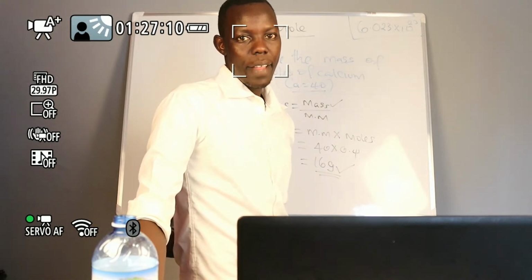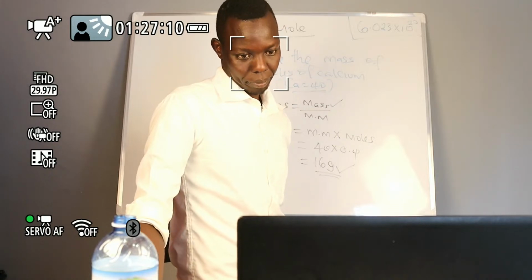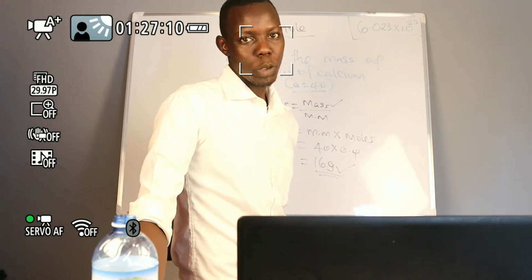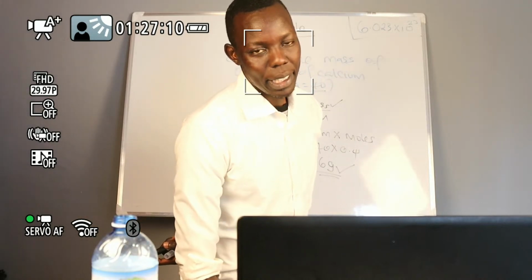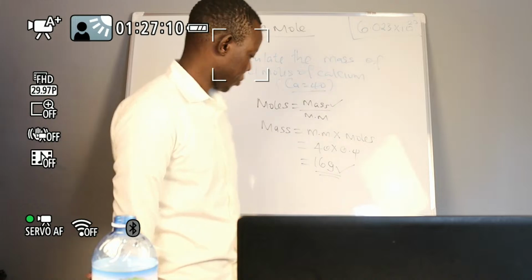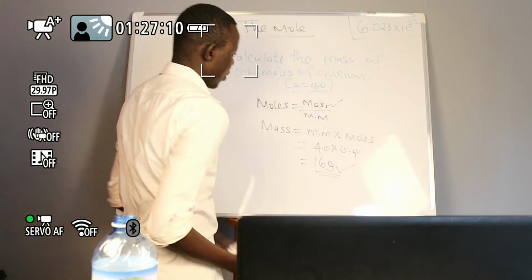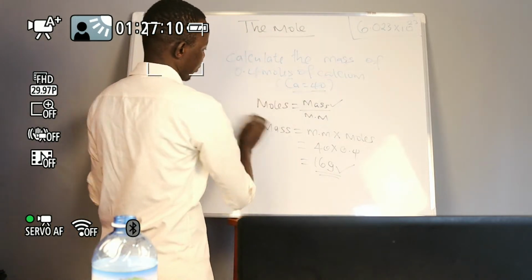Calculate for me the moles of aluminium in 13.5 grams of aluminium. You have been told the mass of aluminium is 13.5 grams. Calculate its moles. Where will you start from?